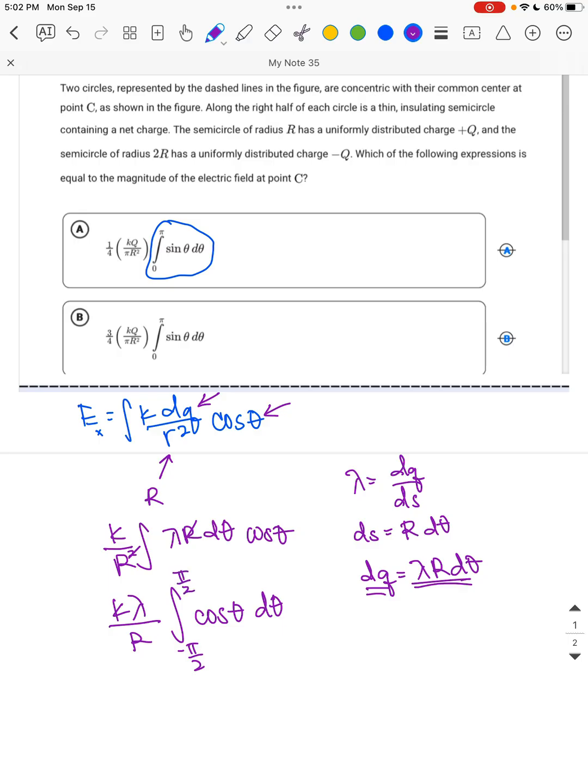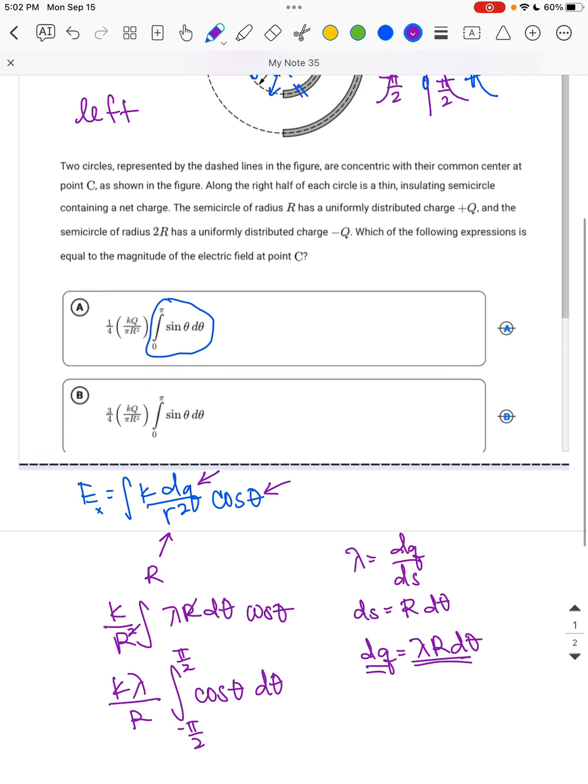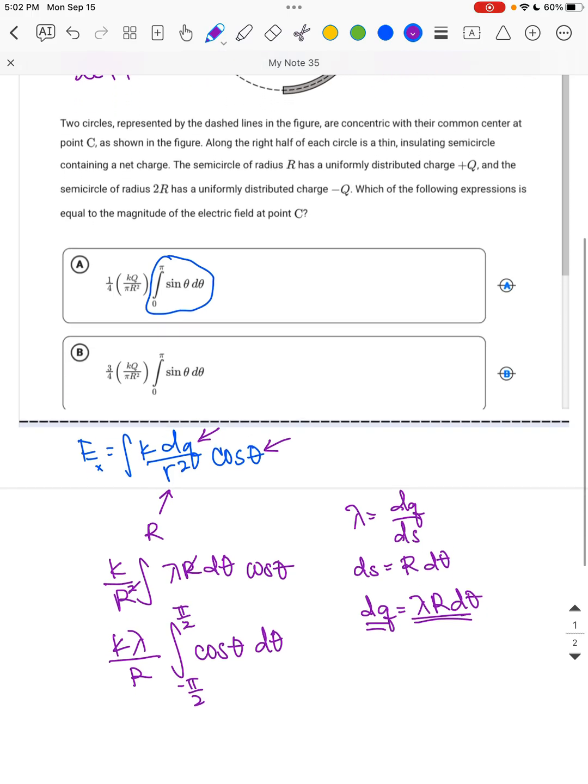Now, one thing I want you to keep in mind when you're doing this problem is you probably won't see the answer in the answer key, and that is because lambda is not a variable that was given to you to use, and you don't see it anywhere in the answer key.